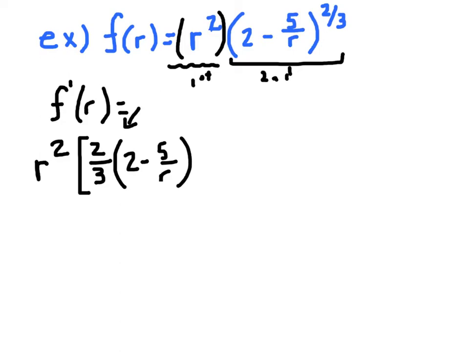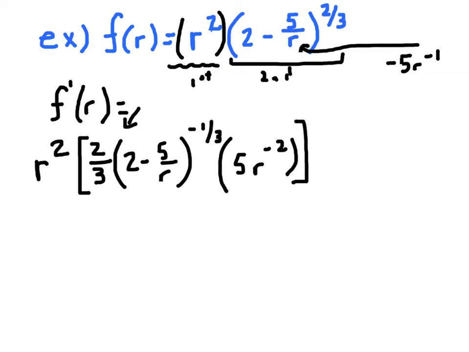Then I'm going to drop 2/3 by 1, gives me negative 1/3. Then I'm going to go inside and take the derivative of the inside. Well, remember this piece right here is really minus 5r to the negative 1. So I want to be careful as I'm looking at the derivative of the inside. That would become 5r to the negative 2.